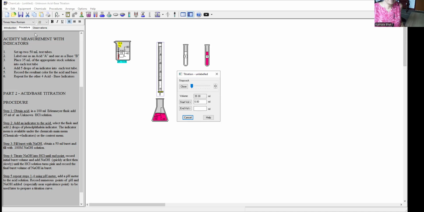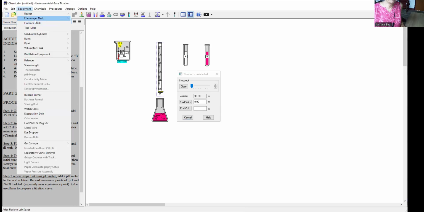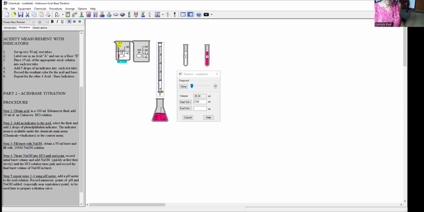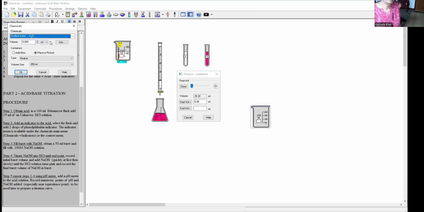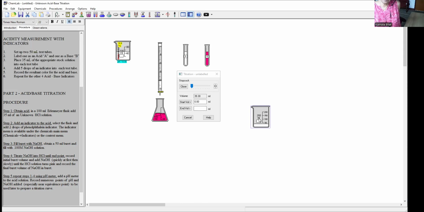So next, this time I'm going to get a beaker, a 250 ml beaker, and add 35 mLs of the acid A, same acid, and now I'm going to include a pH meter on that.